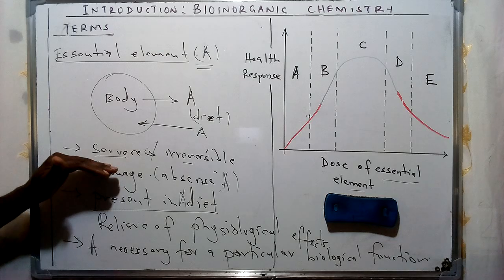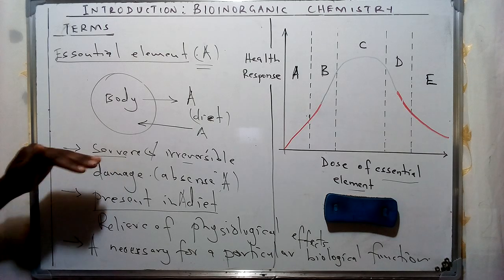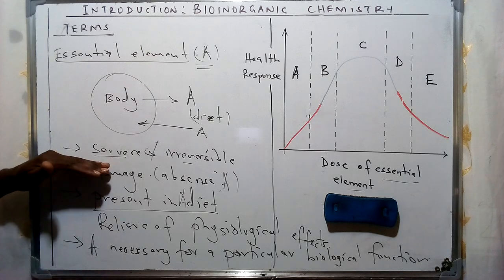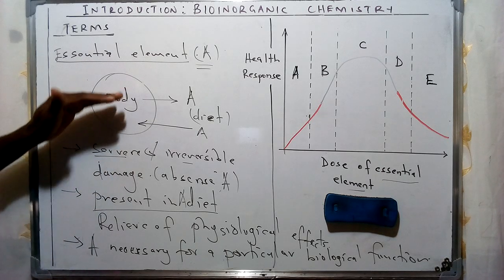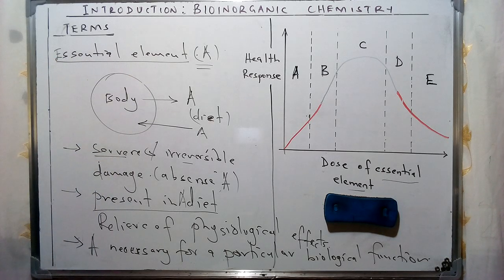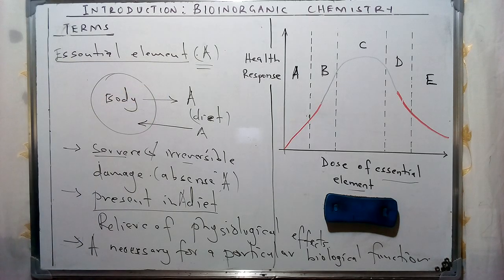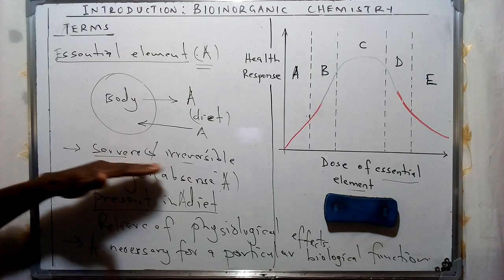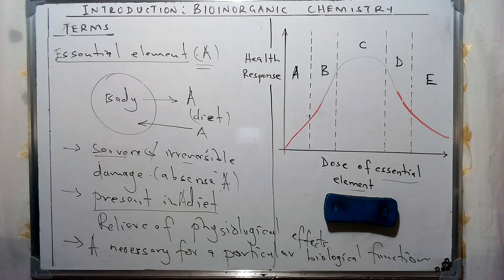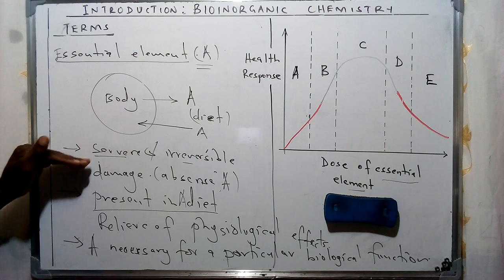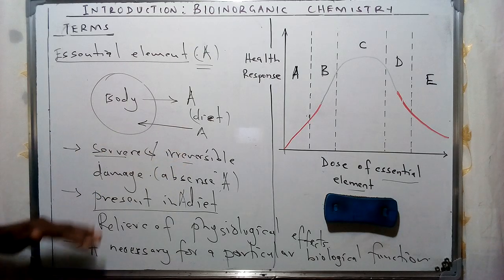So I've mentioned 3 scenarios which are going to assist us in pinpointing which particular element is regarded as an essential element, which basically we said that we can consider an element as essential if the total absence of this specific element in an organism is going to be causing severe or irreversible damage. And we had considered these specific 3 scenarios whereby we can consider the elements absent or present.